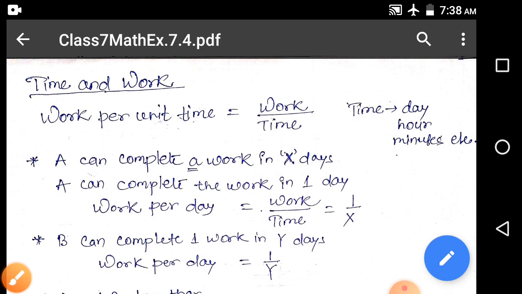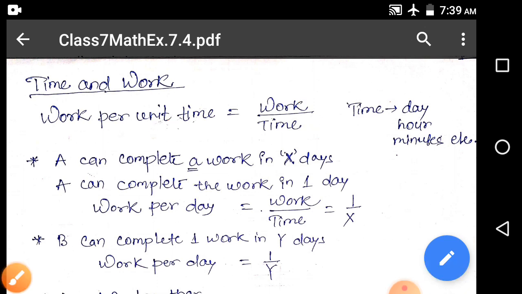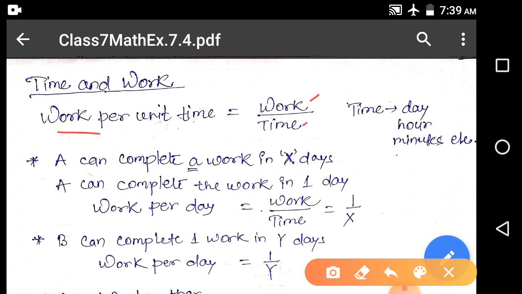So see this relation. We have three quantities: work per unit time, work, and time. Suppose one of the three quantities is not given and the other two are given. If we have work and time, we can find the work per unit time as we have calculated here.